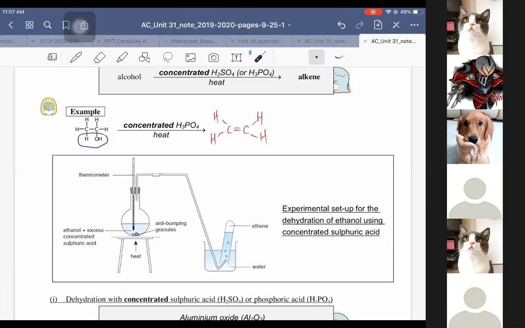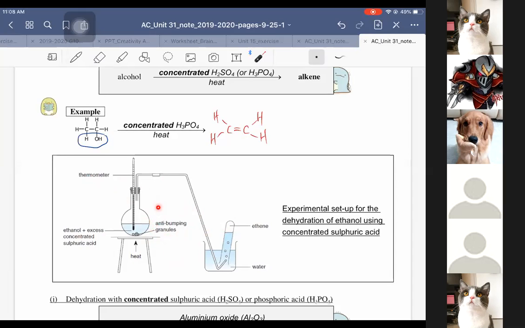Since the ethene molecule produced here has a low boiling point because it cannot form any hydrogen bond with other ethene molecules, once it forms, it will evaporate and go through this delivery tube. And since it is non-polar, it won't mix with water, so it will be collected in the test tube. So that's the setup if we want to use concentrated sulfuric acid or phosphoric acid.